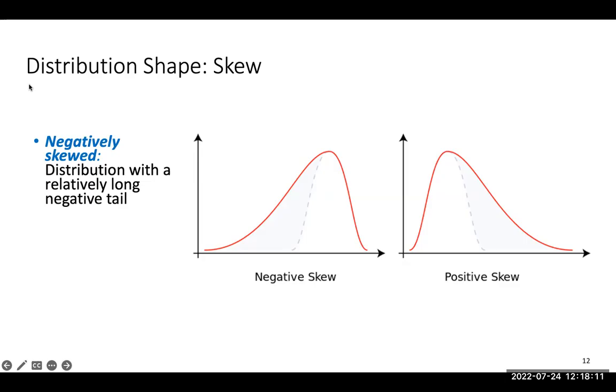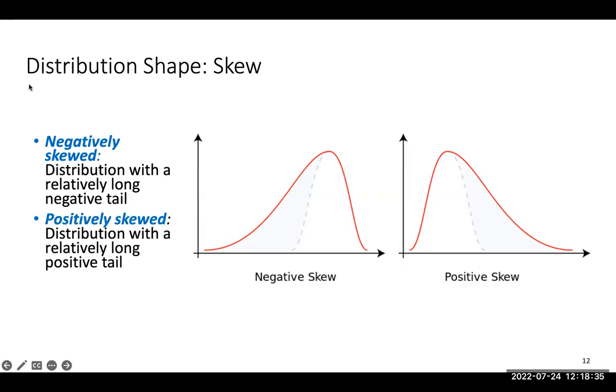What causes this skew would be an extremely low score. So if most of the class, for example, scored 70, 75%, but somebody scored maybe 2, then that very extreme low score would cause the distribution to be negatively skewed. And then you would see a long tail toward the negative component.